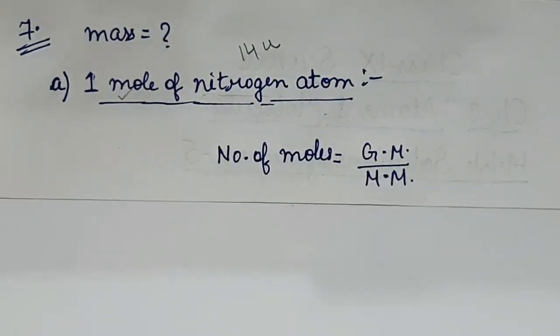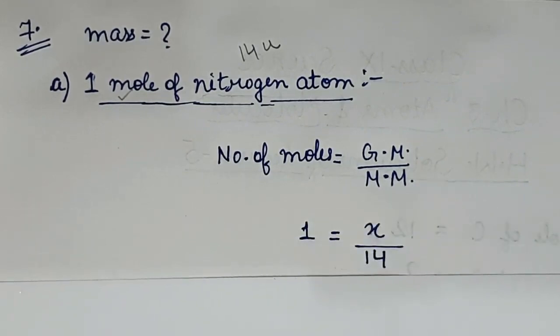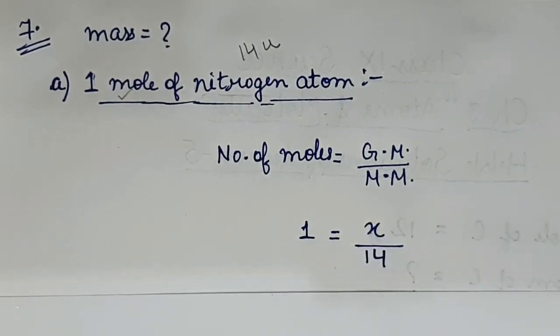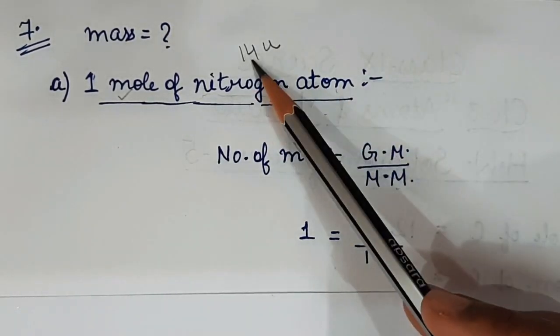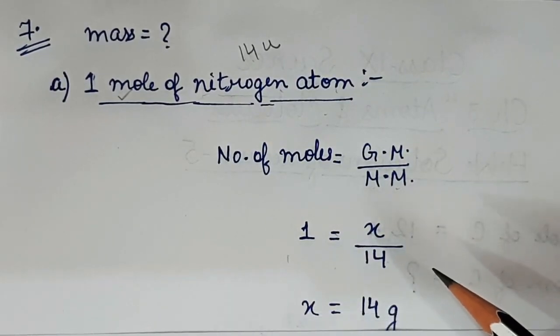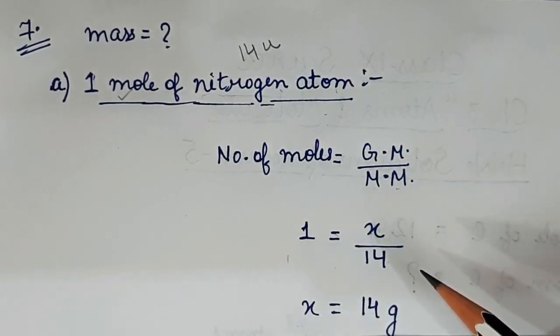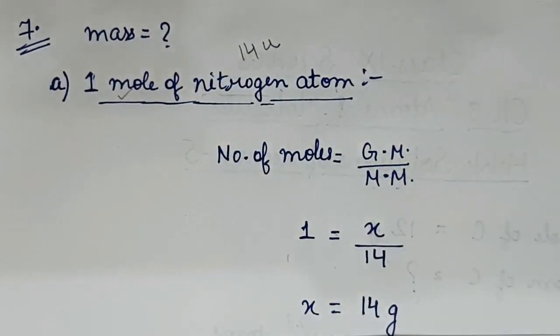Number of moles is equal to given mass upon molar mass. So number of moles, that is 1. Given mass you have to calculate, you can take it as x, and molar mass, you know for nitrogen atom it is 14. So 1 is equal to x by 14. So calculate the value of x, it will be 14 grams. The mass is asked, so that's why I have written grams.